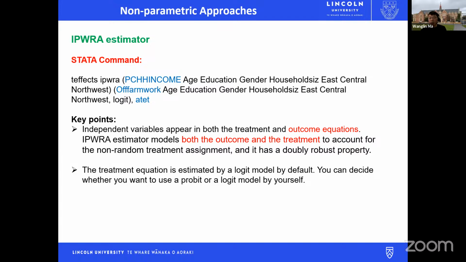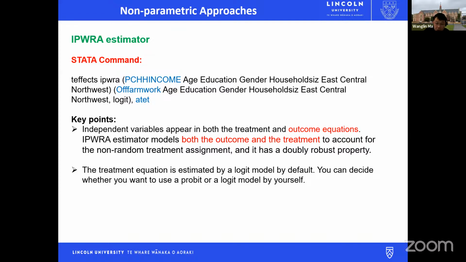Excellent. So the treatment equation is estimated by a logit model by default. You can decide whether you want to use a probit or a logit model by yourself. Because usually in the first stage, we need to calculate the propensity score and identify the factors that influence farmers' decisions to participate in off-farm work.